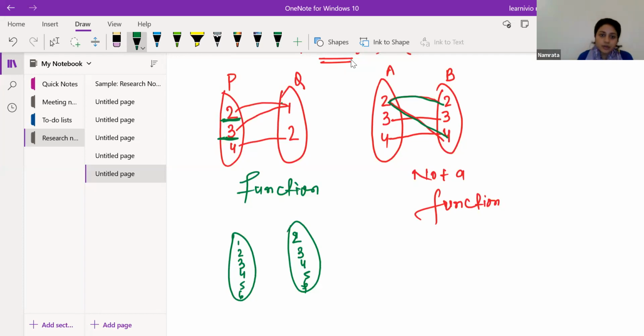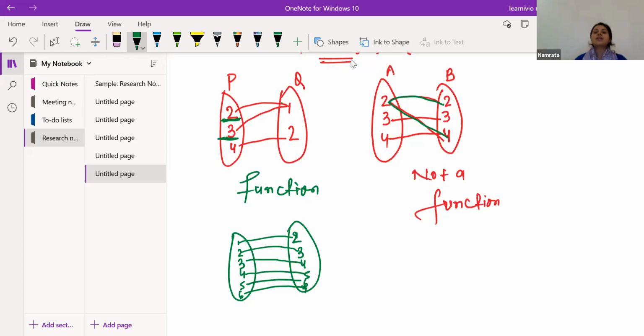Here 1 goes to 2, 2 goes to 3, 3 goes to 4, 4 goes to 5, 5 goes to 6, and 6 goes to 7. This is a function. As we can see, one input, one output, one input, one output. If we have such a case, then we can say this relation is a function. One input cannot have two outputs. That is the case we need to avoid here.